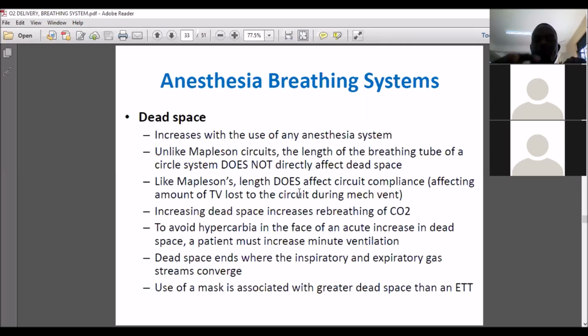So to avoid hypercarbia in the face of an acute increase in dead space, the patient must increase minute ventilation. The patient should breathe in a lot so that carbon dioxide is forced out of the dead space. The dead space ends where the inspiratory and expiratory gas streams converge.